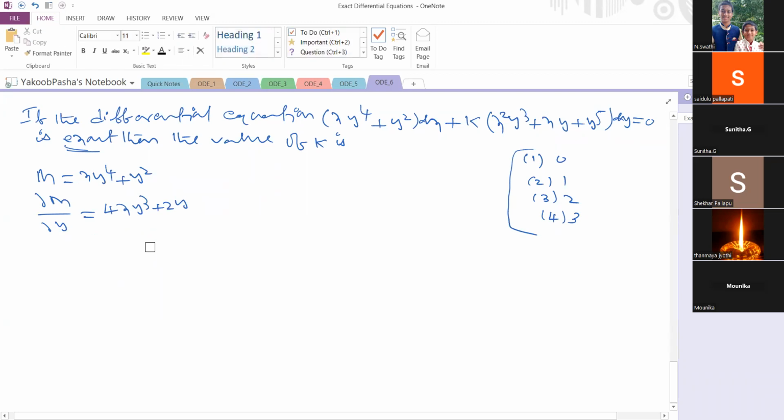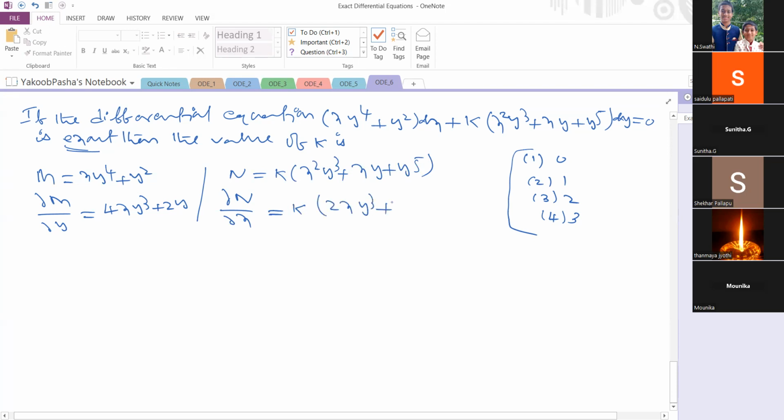And n is equal to k of x square y cube plus xy plus y power 5. So dou n by dou x is equal to k into 2x y cube plus y. Y power 5 differentiation is 0. So we can take 2 common here, 2x y cube plus y.